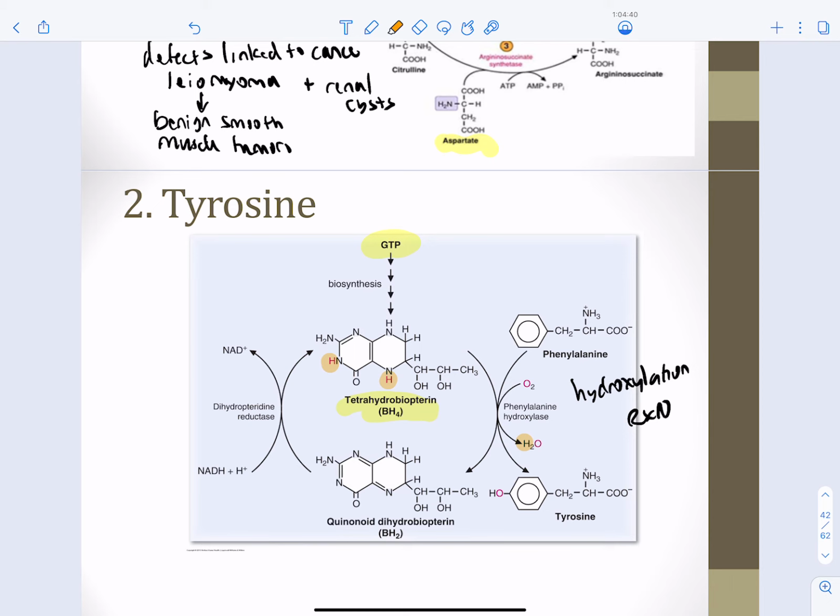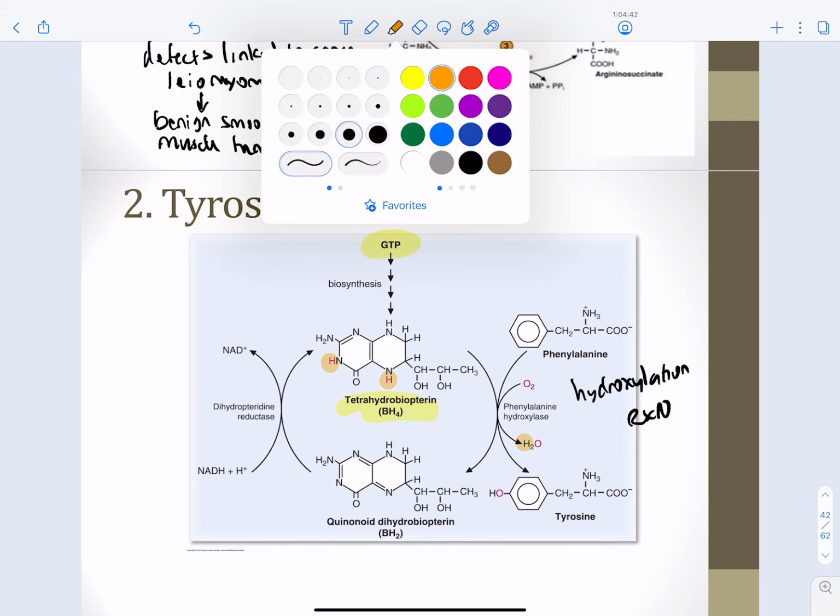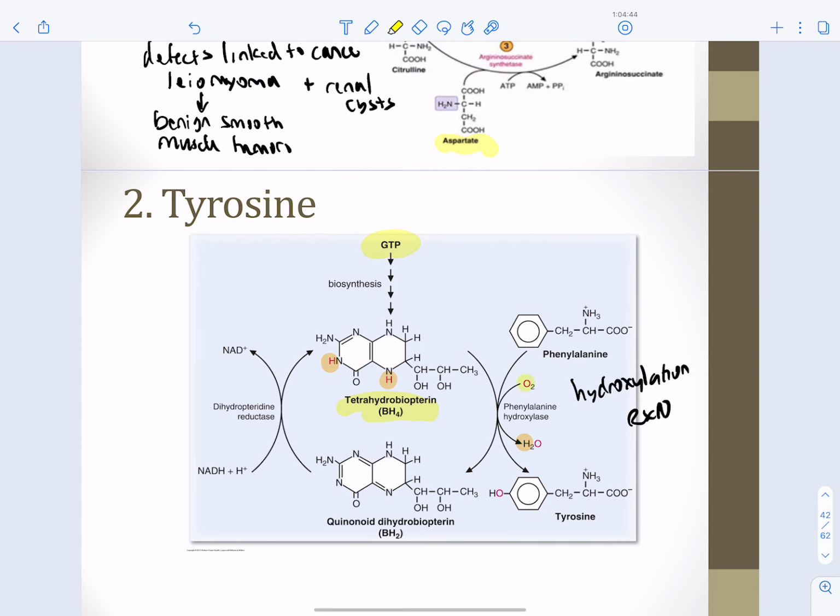They're going to be transferred to the oxygen to form water. You have another oxygen that gets picked up here, and this is going to go on to tyrosine. And then, of course, one of them goes in to form water. And then you have your quinoid dihydrobiopterin. I guess I can do that in yellow.